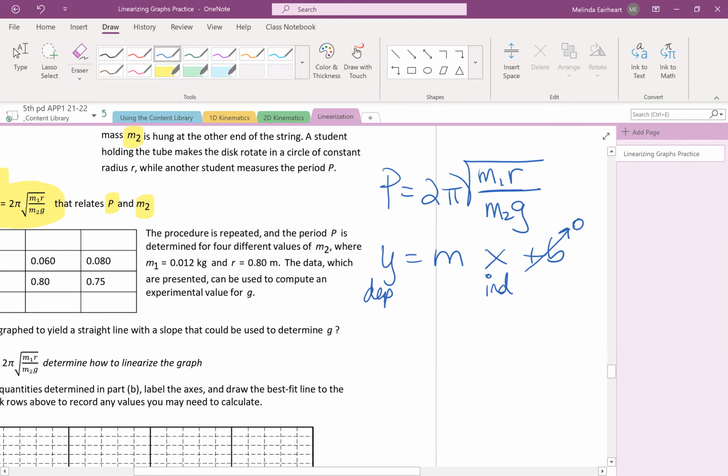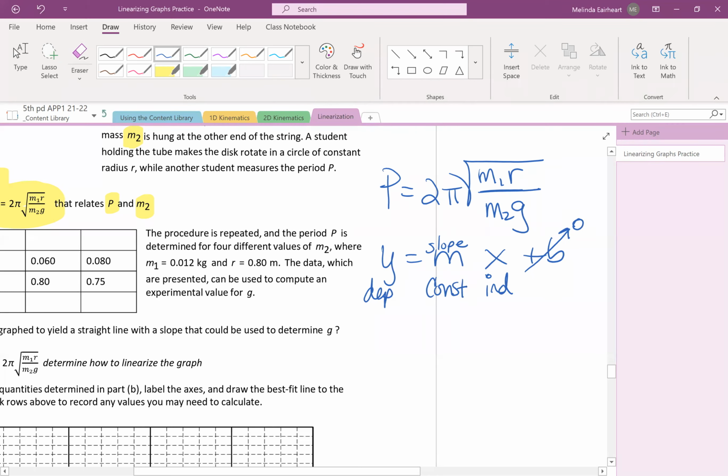And then m is what? Is this m1 or m2? It's slope. It's neither mass, right? So be careful, look at context. M1 and M2 are masses in our physics experiment, but m in this math equation is slope. And for a linear graph, slope is constant.